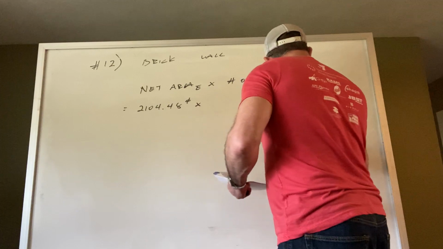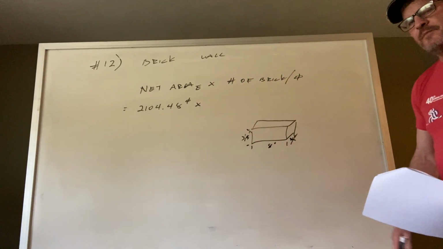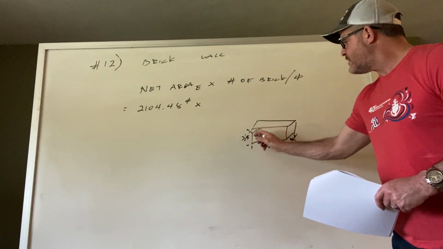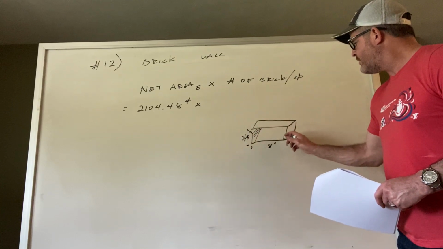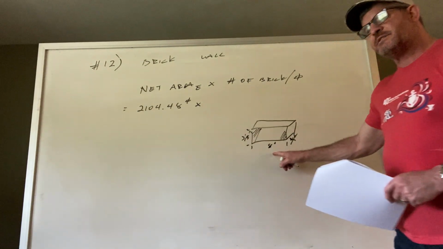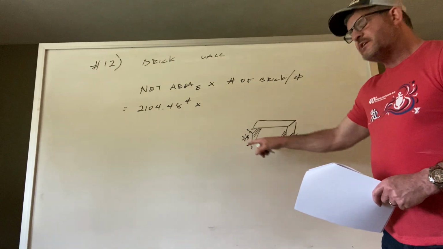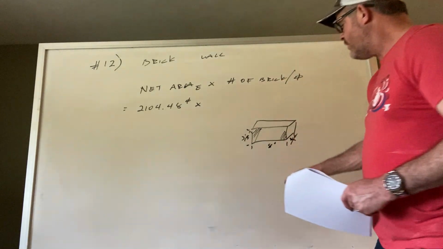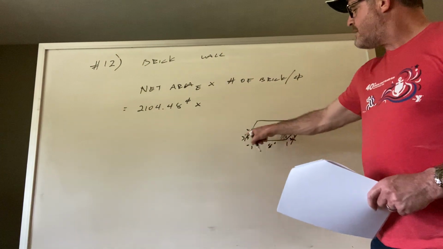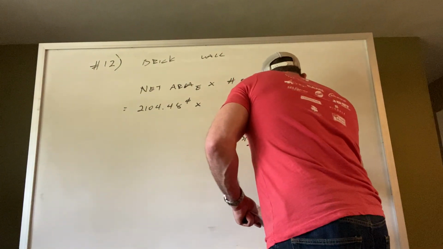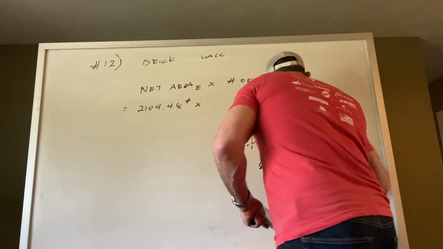Again, we don't care about that number. All we care about is the length and the height, because we're concerned with the area of the brick, the face area. And what was our math last time? That times that divided into 144 square inches per square foot. So we start out taking 8 inches times 3 1/5 inches equals what?